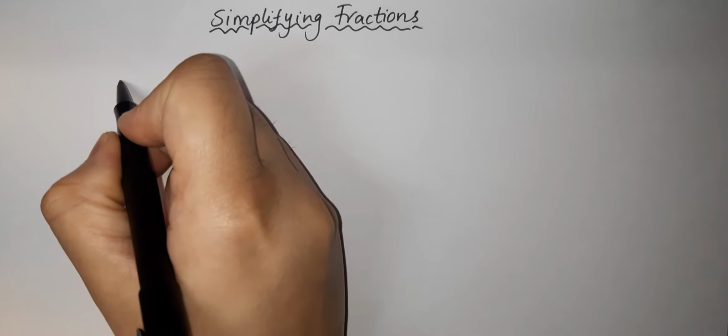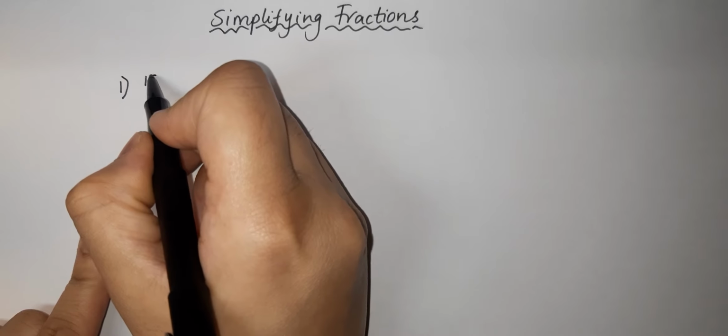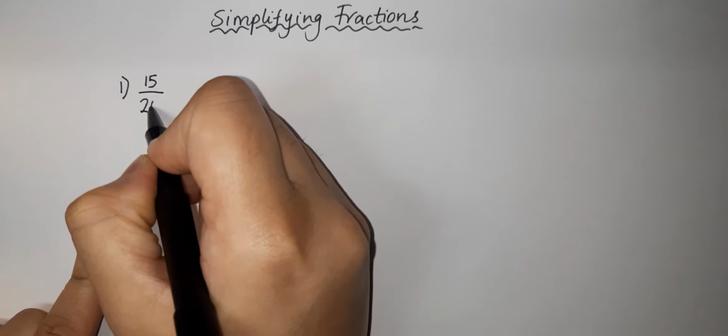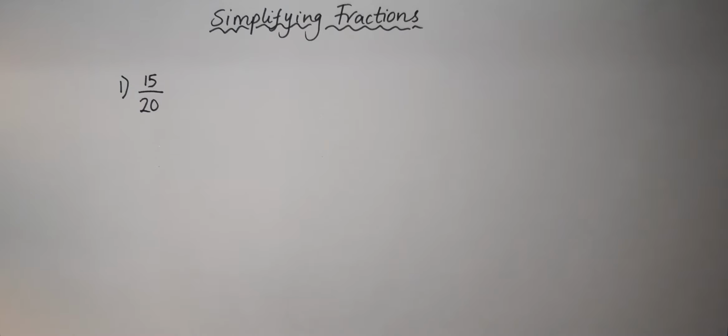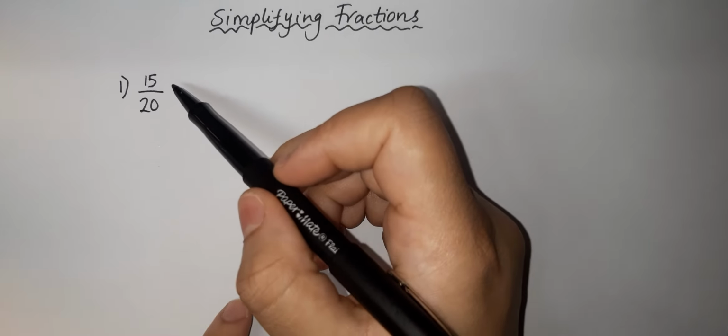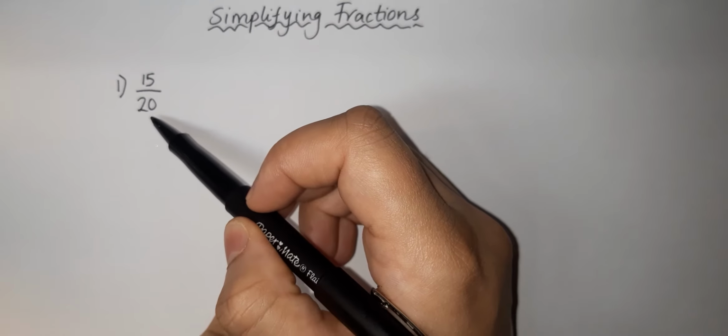So for example, let's do the one example here, simplify 15 over 20. What we would do is look at 15 and look at 20. What number can we divide both of them by?